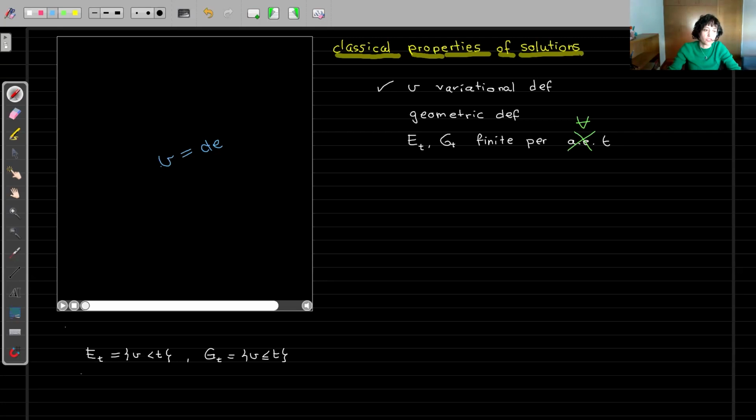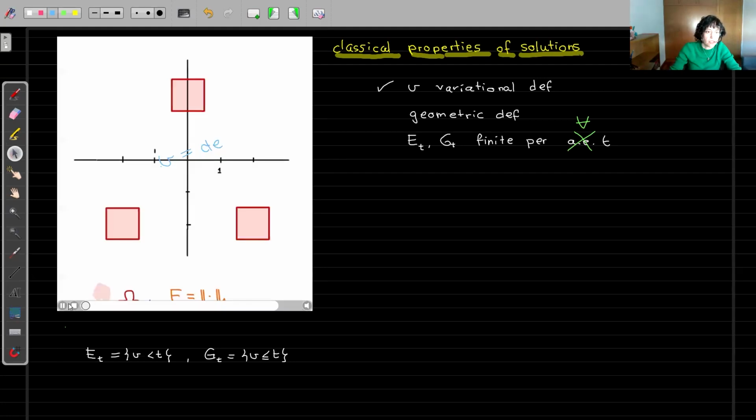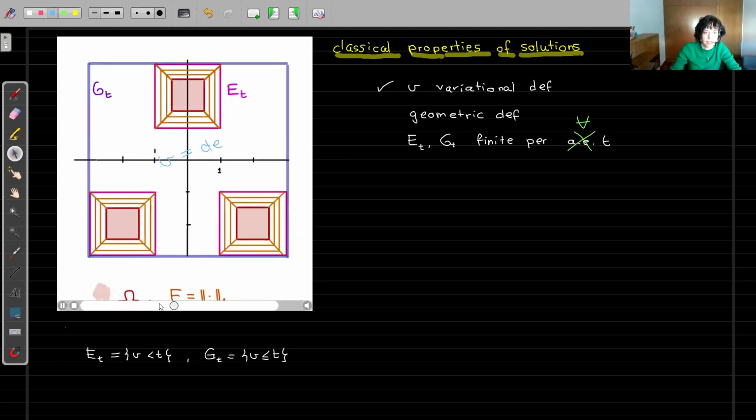Let me put it another way, and then I stop it in a place where you can see there. Okay, so as in this example, in general, the perimeter is continuous.